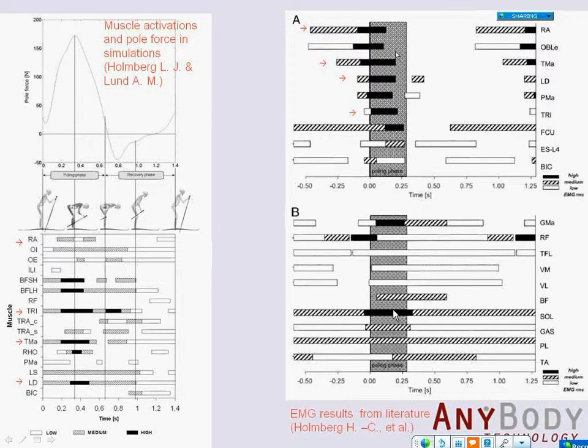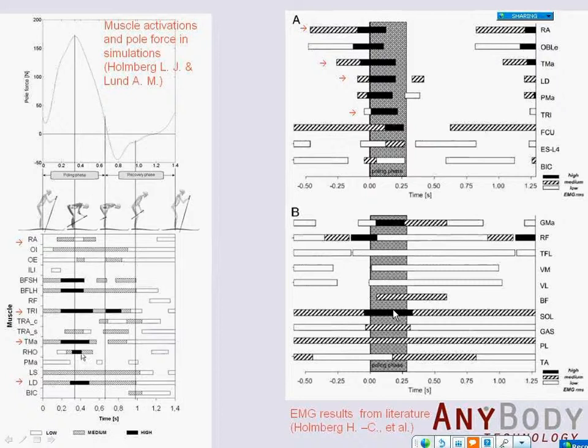And as you remember, the peak pole force was in the first half of the pulling phase, and most muscles are activated the most at the pole force maximum. And this is also the case for the ergometer simulation study. And here we have the peak pole force, and in line with that we have maximum activation of most muscles.